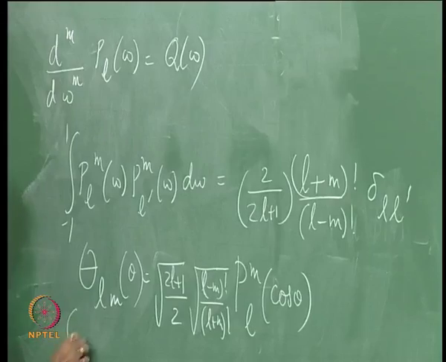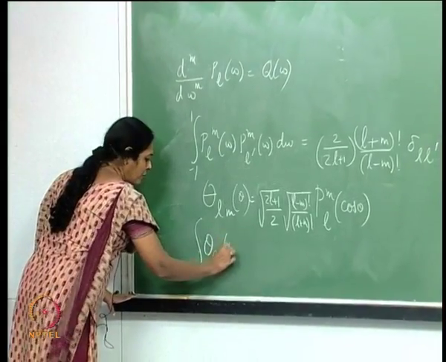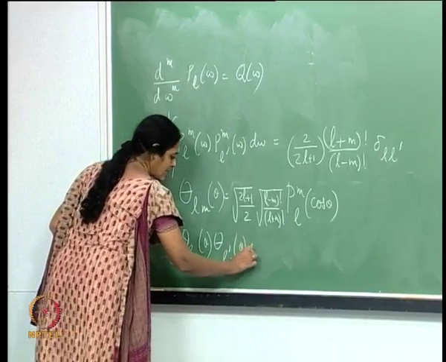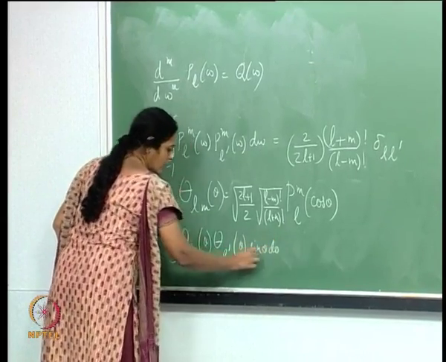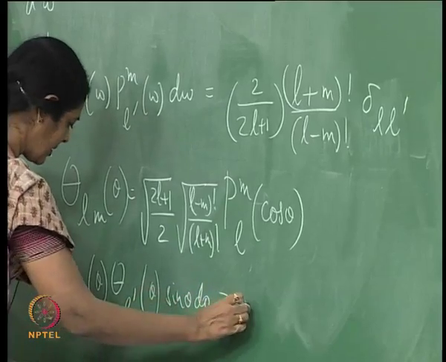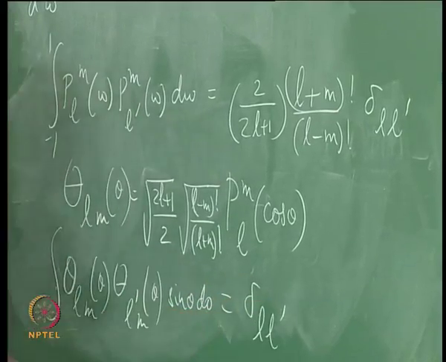Then it's clear that the integral of theta Lm of theta, theta L prime m of theta, sine theta d theta, because that's d cos theta, theta itself going from 0 to pi, is delta LL prime.